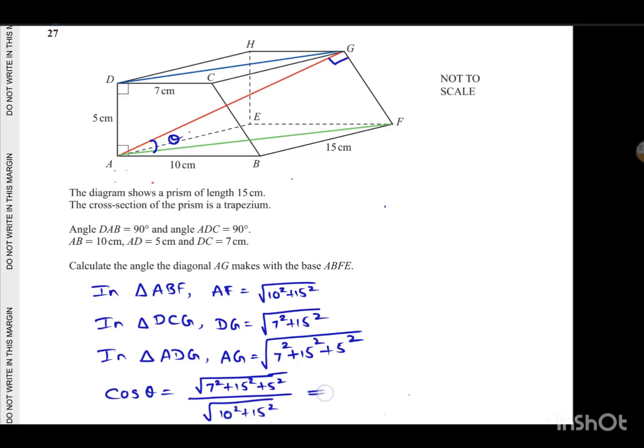This will give you the angle by taking the inverse of the trigonometric function, cos inverse of square root of 7 square plus 15 square plus 5 square by 10 square plus 15 square.